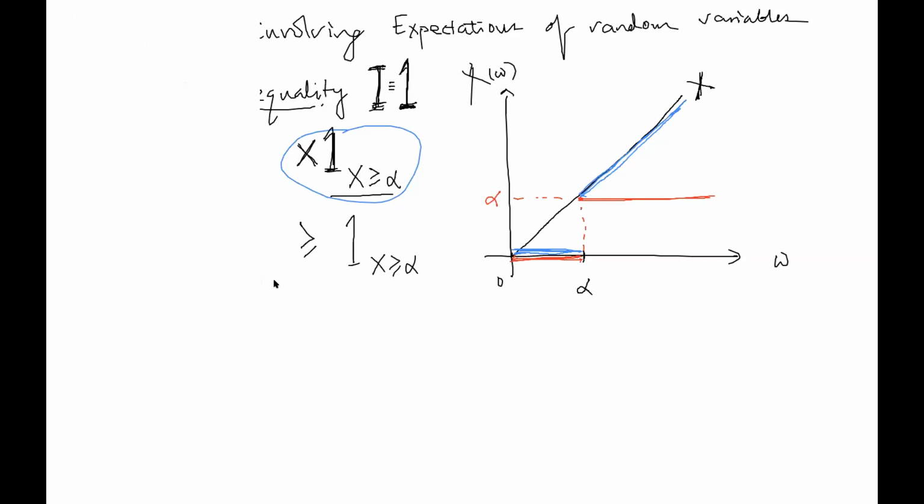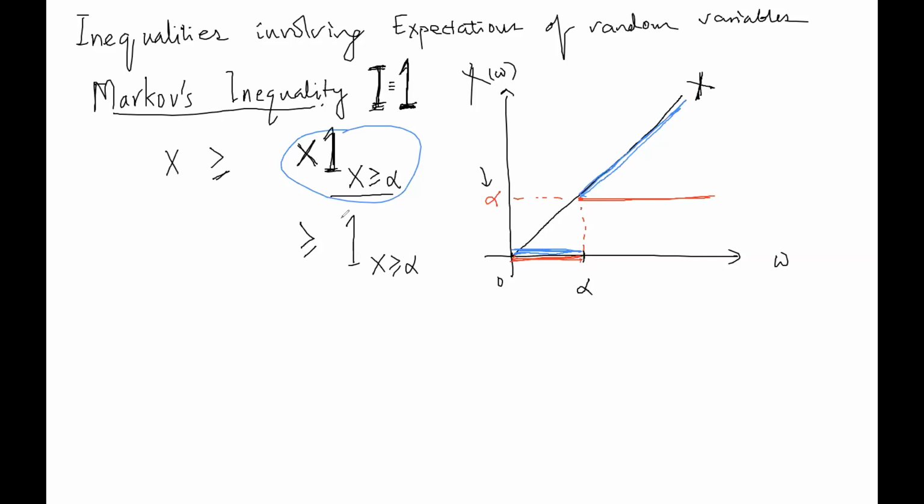This will be 0 or 1, right? So what is this value? Times alpha, sorry. Correct. So this red line is this thing.